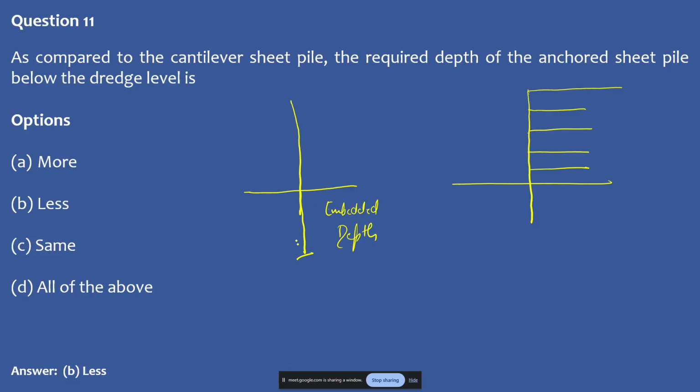So let's say if this length is L1 and if this length is L2, then in our case, since the support is already being provided by the anchors which is embedded into the ground, your L2 length will be less than the L1, because in your cantilever sheet pile, the whole support has been provided by the sheet pile which is embedded into the ground. So that's why your L2 is less than L1, and that's why the required embedded depth in the cantilever sheet pile is more than the required depth for the anchor sheet pile.